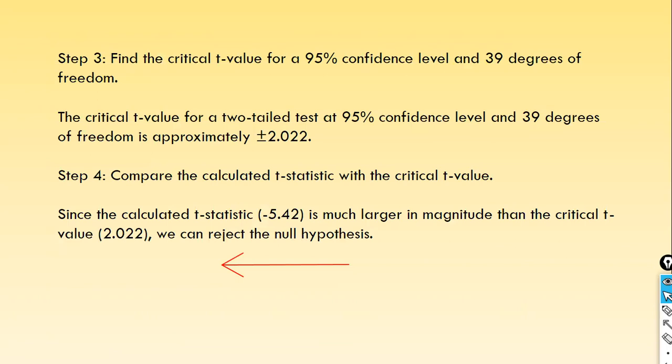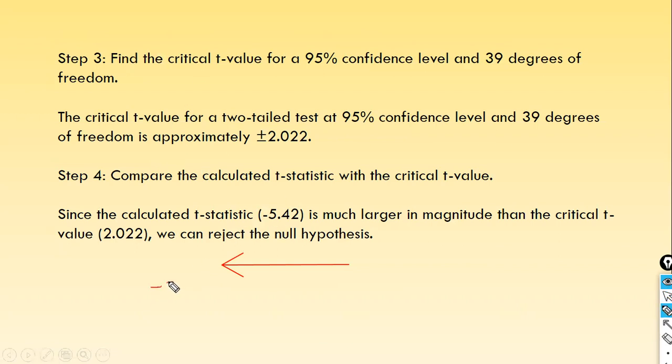Larger in magnitude than the critical value 2.022. So what is the critical value here? Negative 2.022, right? This is your t value, and the t value is not less than this... Sorry, this is correct. Here he has given it correctly.